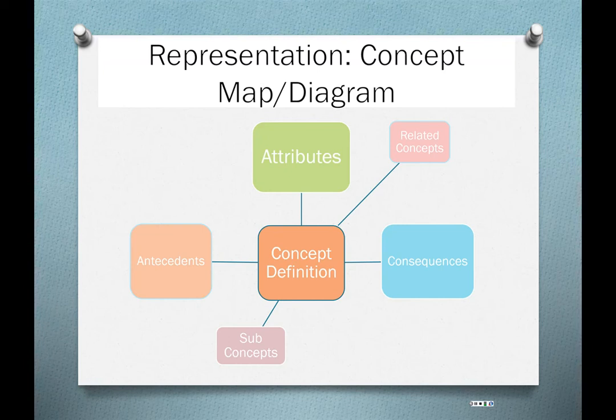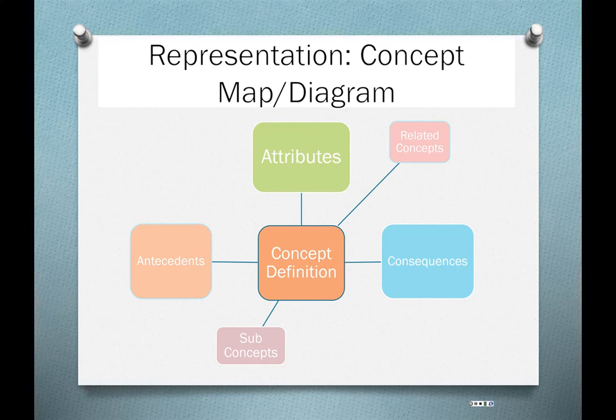Now, an example of a visual representation can be a concept map or a diagram. It doesn't have to be in that format, but this is something to consider when you are developing your visual representation. Lots of times the concept definition can be in the center if it's not a long definition, or maybe a part of the definition that makes it clear what the concept is.